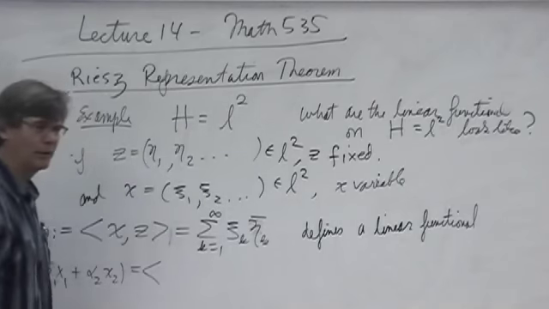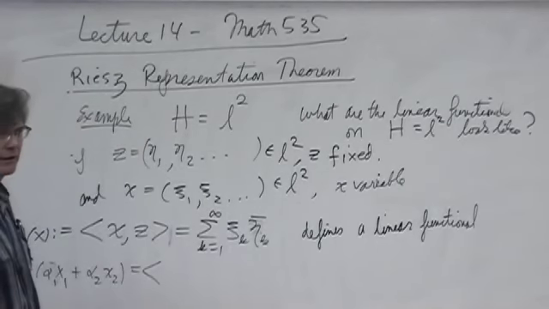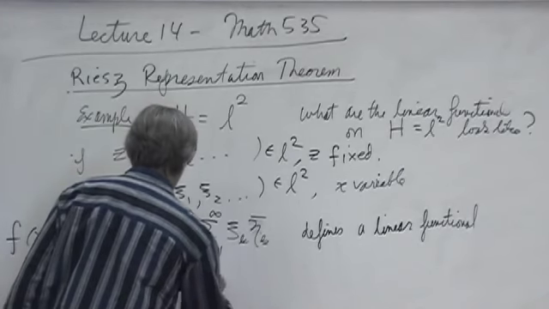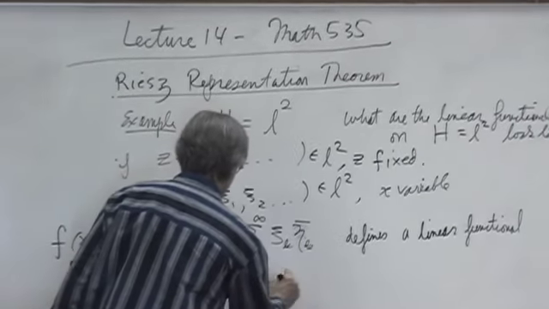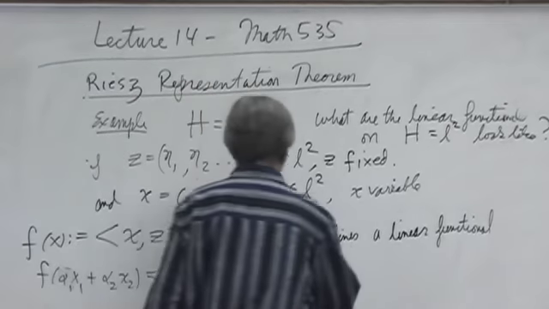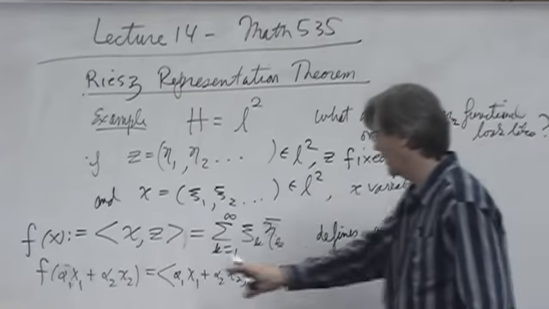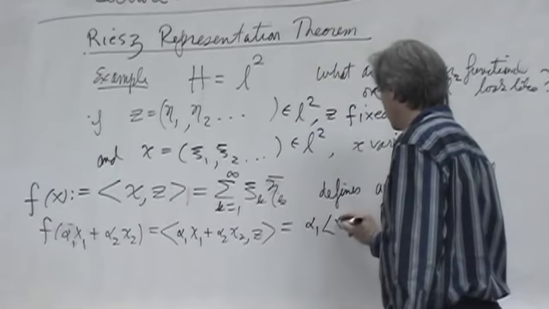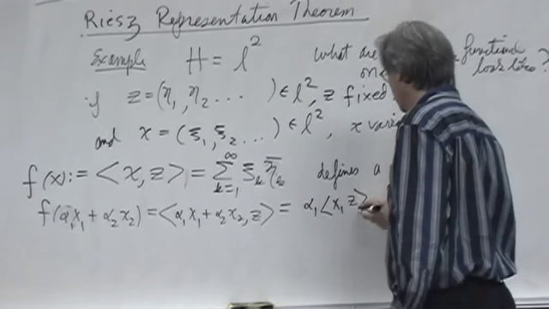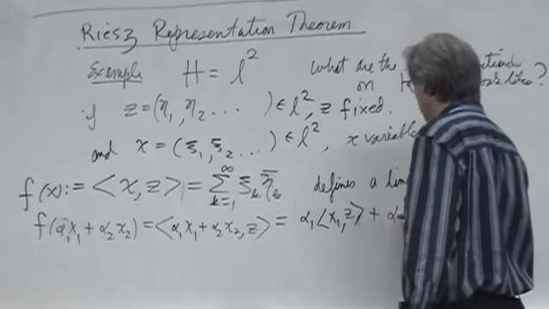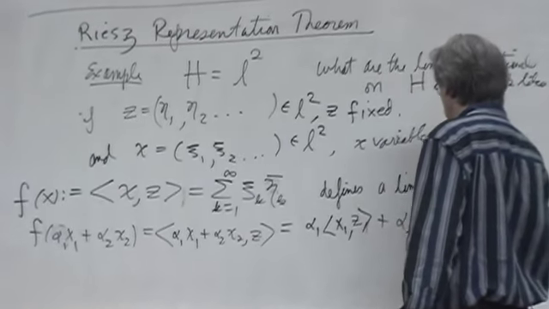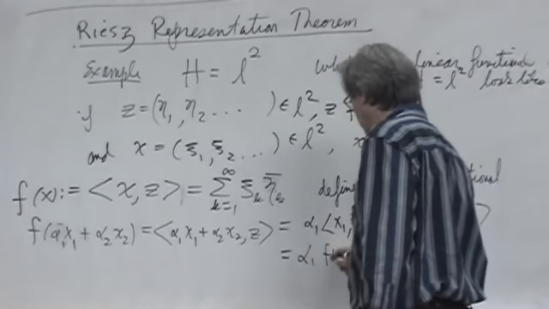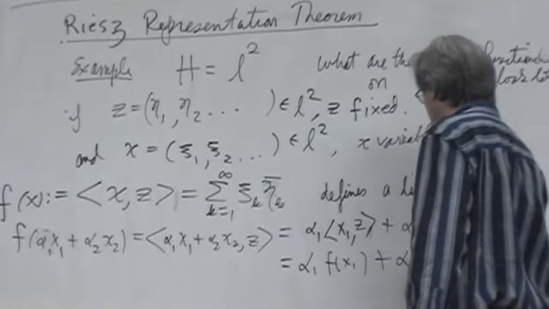Put the alpha 1 x1 plus alpha 2 x2 on the left side of this inner product, and we obtain, by linearity of the inner product, alpha 1 times the inner product of x1 with z plus alpha 2 times the inner product of x2 with z, which equals alpha 1 f of x1 plus alpha 2 f of x2.